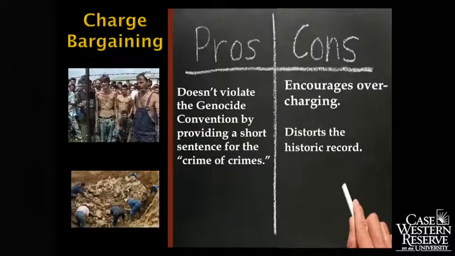Now, another problem is that it can distort the historic record. If you're charged with genocide, as Ratko Mladic would be charged, then the idea is to prove through the trial how the government of Mladic and Slobodan Milosevic used genocide to ethnically cleanse the Bosnians, that it was their policy, that it was their strategy, and that this is unlawful, and that this is punished, and that this will deter others.